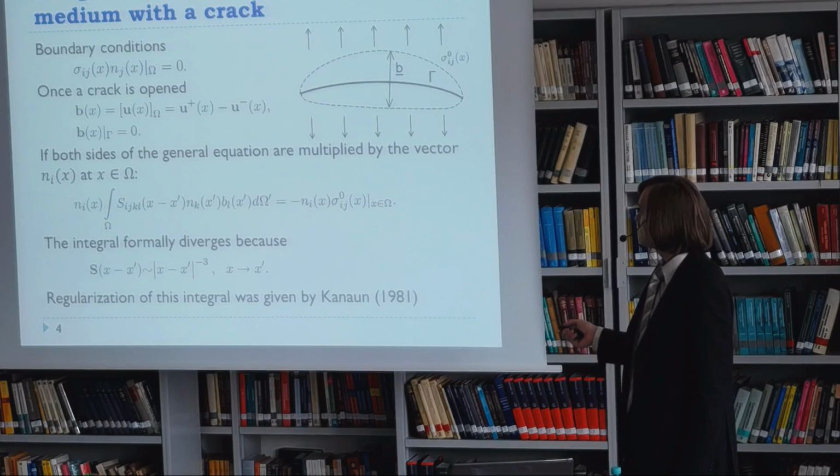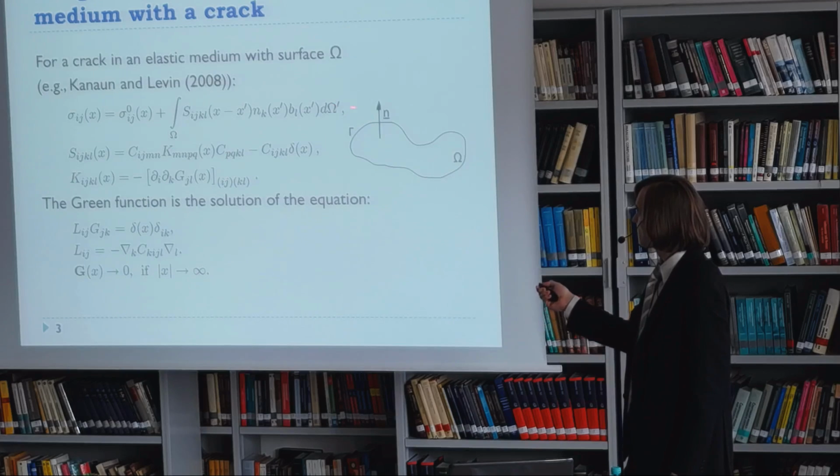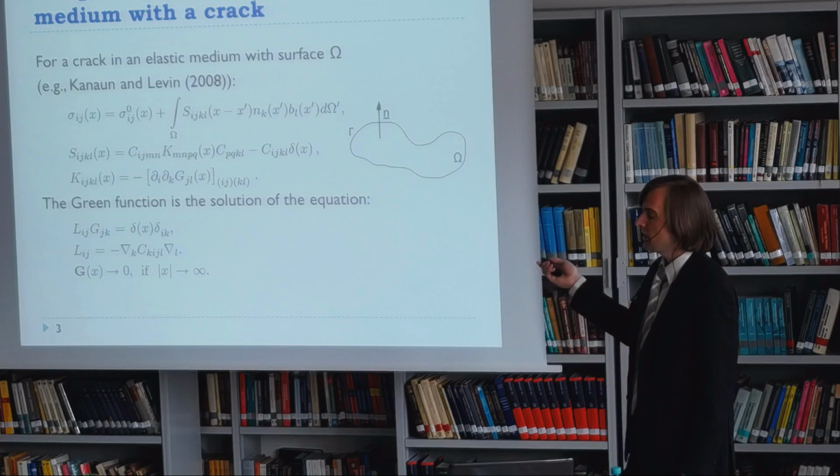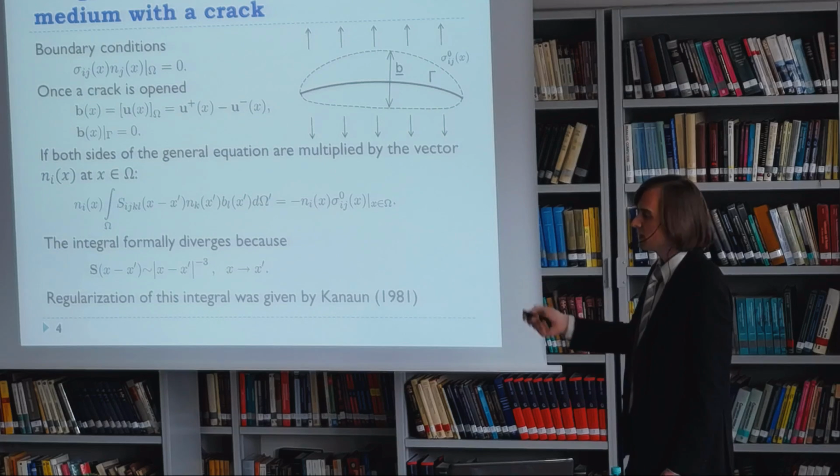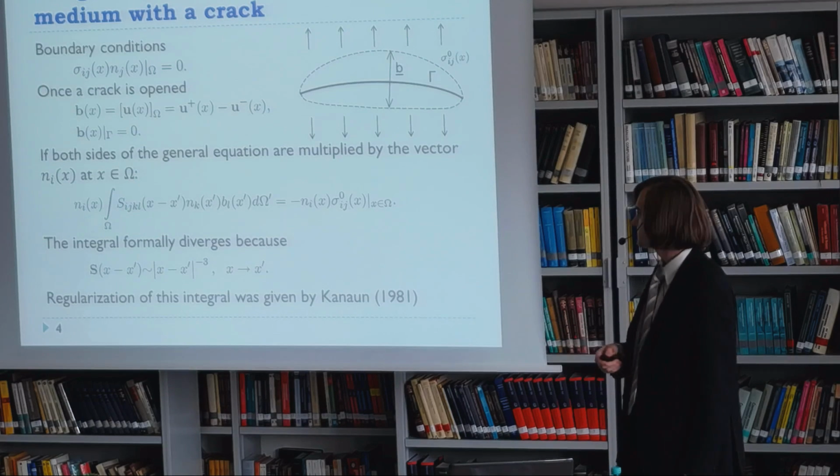Then we apply this boundary condition to this integral equation. We multiply both sides by the normal n, and since the crack surface is stress-free, the left-hand side disappears, and we obtain this equation as a result.